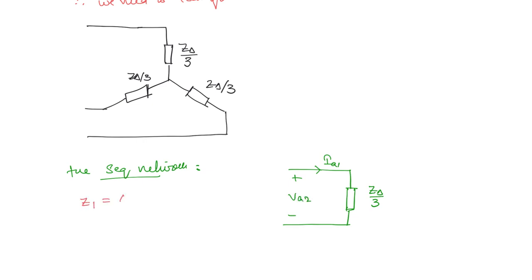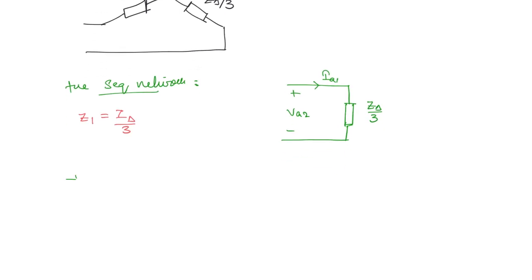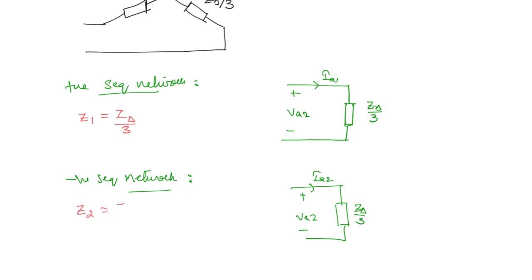Z1 is equal to Z delta by 3. Similarly the negative sequence network is also the same, except that here you have IA2 and VA2, and Z delta by 3. So Z2 is equal to Z delta by 3.